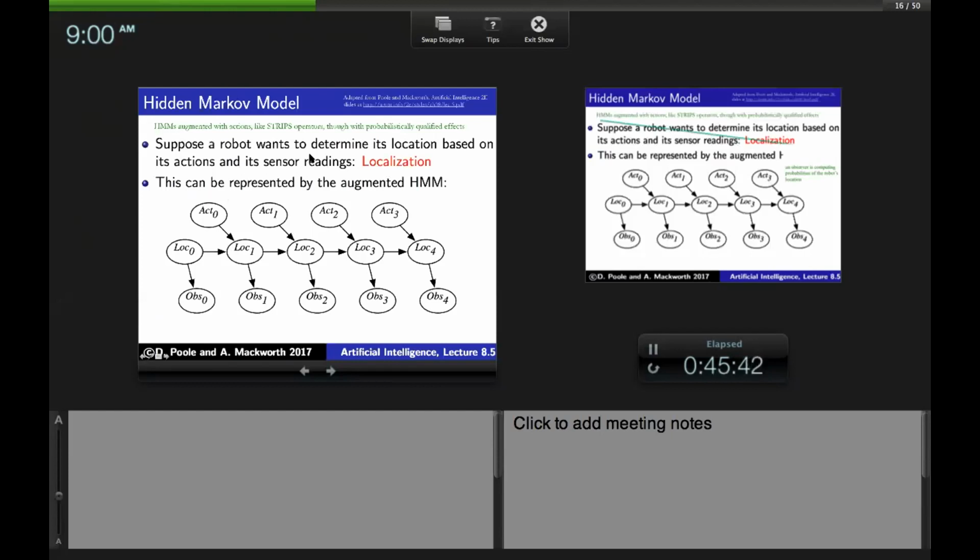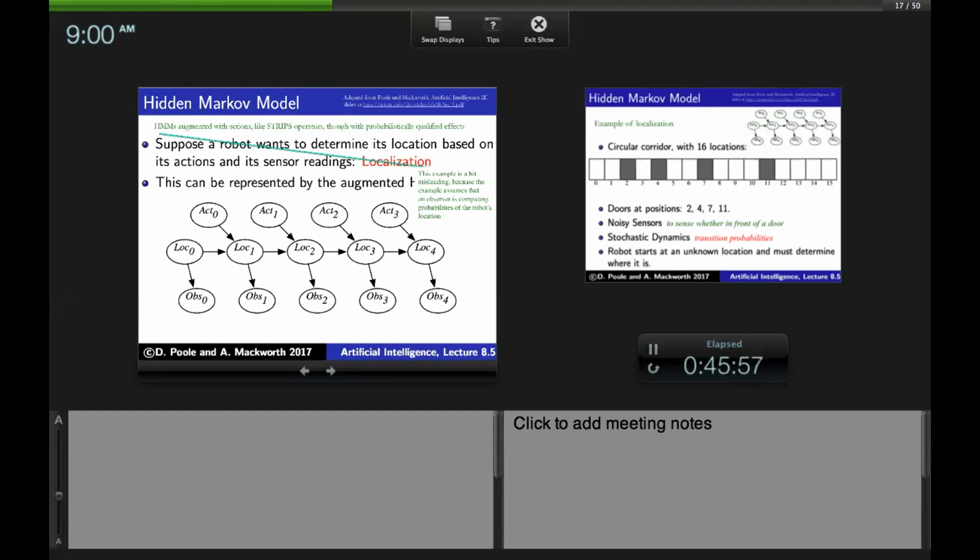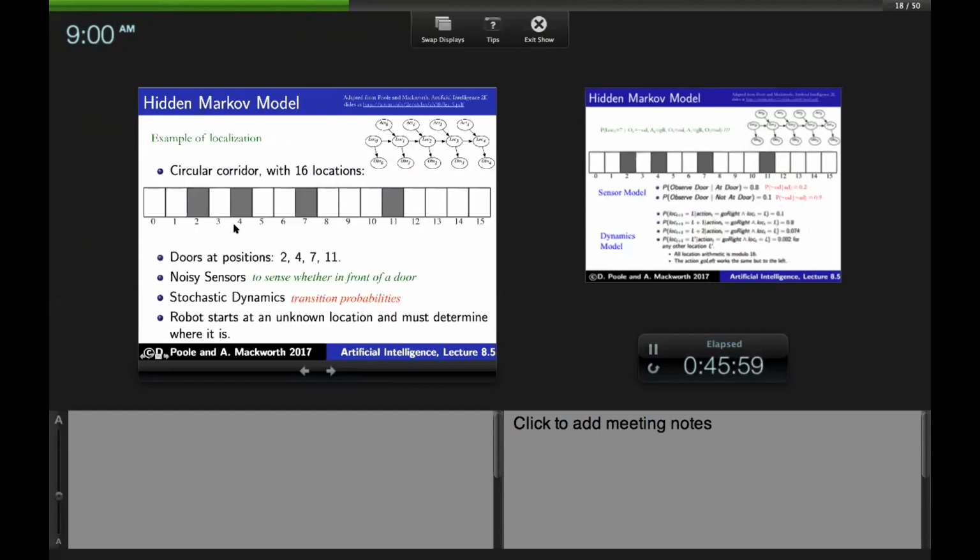So here's a problem in localization that's given in the text. We have actions that we can perform. And in this localization problem, the robot is plopped down in the middle of nowhere. Well, not in the middle of nowhere, but on some grid. And the robot can execute actions and determine the probabilities of where they have been placed.